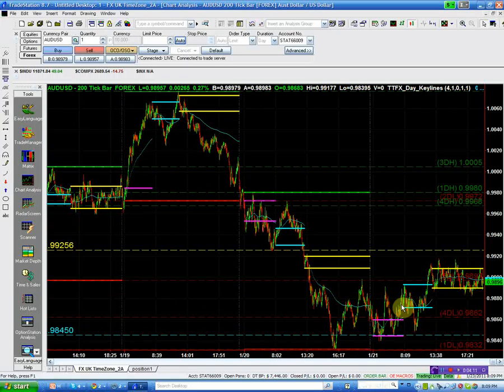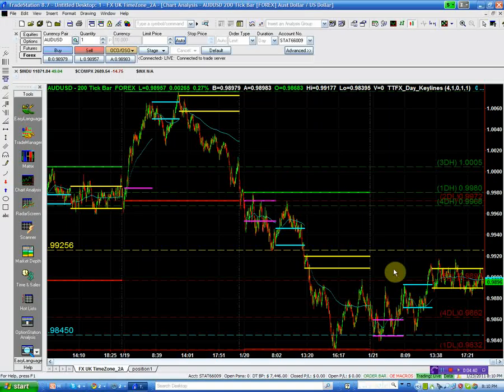Now you go to the intraday, and lo and behold, this is how it looks. This is in a major downtrend versus the dollar. Can you believe it? So with that, we have to identify if it's a major trend. I need a structural failure before I can even think of going long the Aussie dollar.